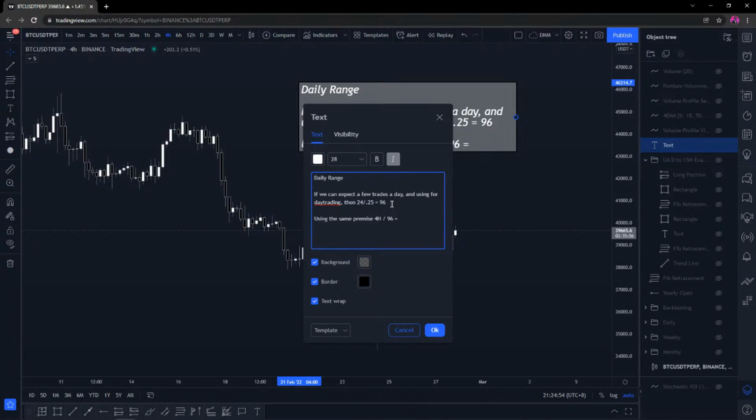So 4 divided by 96 is 0.041. So 60 divided by that, it's about 3.5 minutes or so. So in that case, I just round it down to a 3-minute chart.